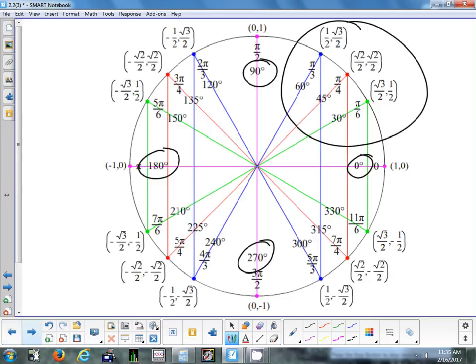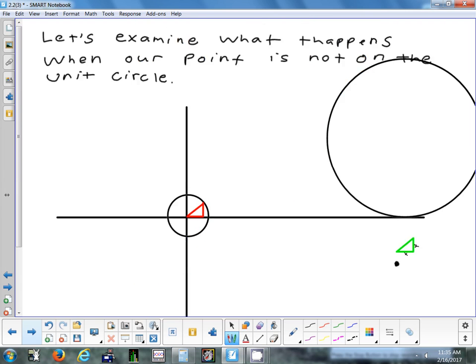Good. Any questions on that diagram? Okay, but that's basically what we've learned all week up till right now. All right. So the second thing we'll take a quick look at is what happens if we have a point that's not on the unit circle.